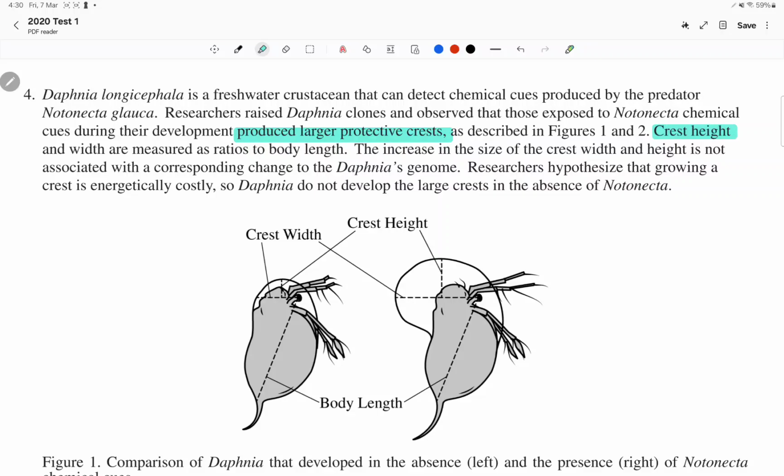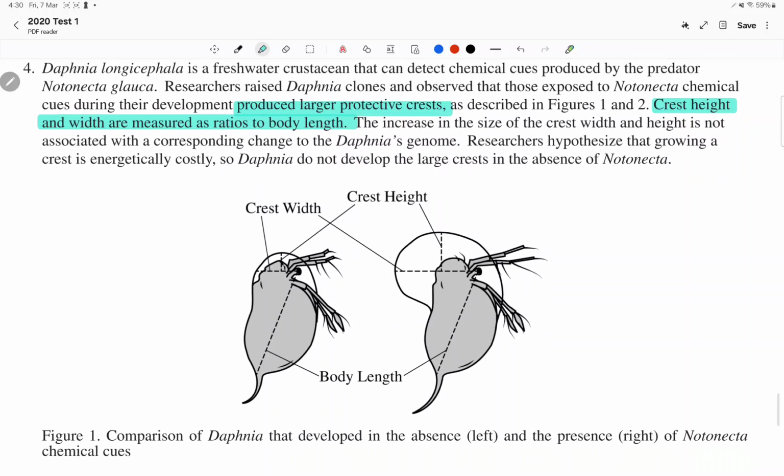The crest height and width are measured in ratios to body length. The genome does not change, but the environment changing will affect them if they are developing in that environment.